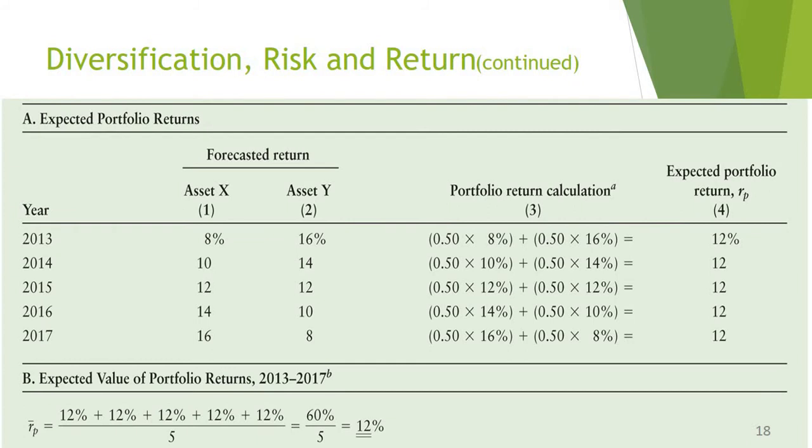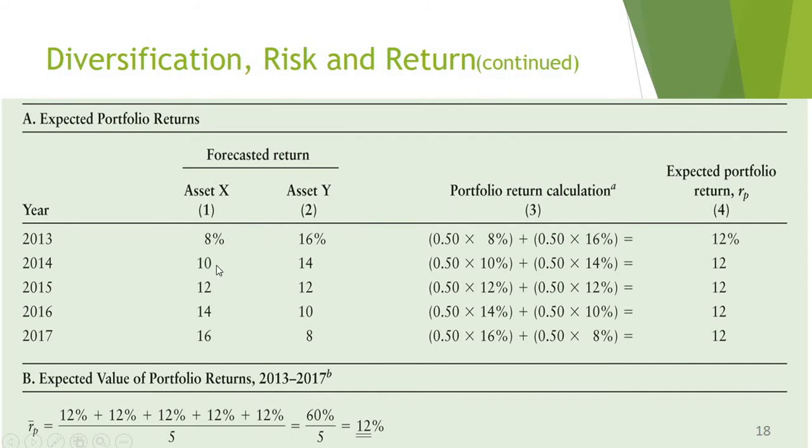Now if you find the average rate of return, or expected rate of return, for both assets, you will see that R bar for both assets is 12%. Now let's calculate the portfolio expected return. We assume that you will invest 50% of your money in asset X and 50% in asset Y, so we are building a 50-50 portfolio. So 0.50 times 8% plus 0.50 times 16%, that's 12%.